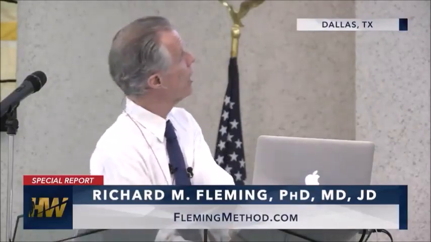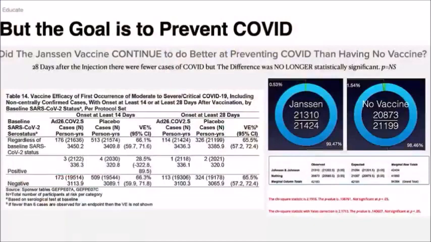Let's go to the 28-day data, moderate severe, because they did, after all, report 14 and 28. And bear in mind, the 14-day data is what they got EUA approval with, not the 28-day data. They stopped at 14. If you go to the 28-day data, there were 21,424 in that group, 114 diagnosed with COVID, leaving you with 21,310.